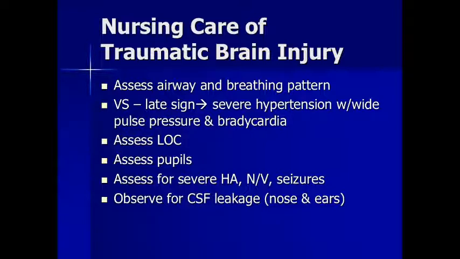And there are pictures in your book of this. I also have pictures here on the next slide. With decorticate posturing, you have flexion of the arms, the wrist, and the fingers, and adduction of the upper extremities. So, in the lower extremities, you see extension and plantar flexion.